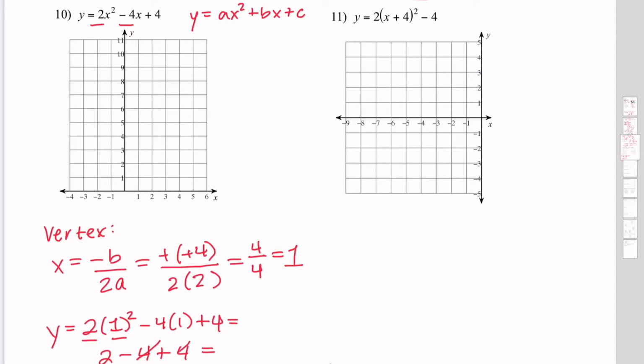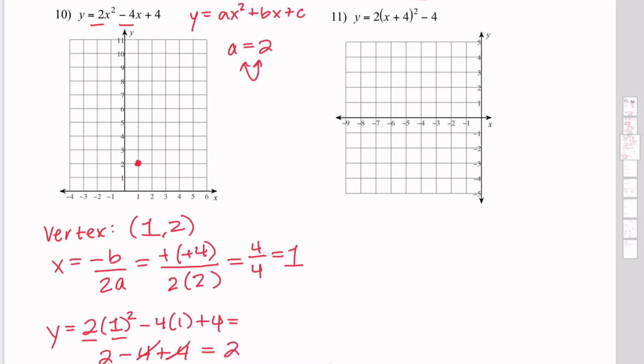Notice how the 4's cancel out, leaving you with just 2. So the coordinate of your vertex will be at 1, 2. So you can graph this at 1, 2. With parabolas, we know that they have a U shape. Our a value is +2, which tells us it's going to open up like this somehow.